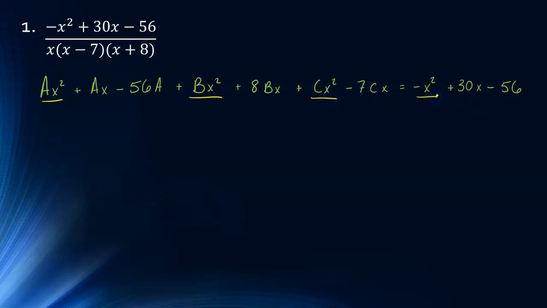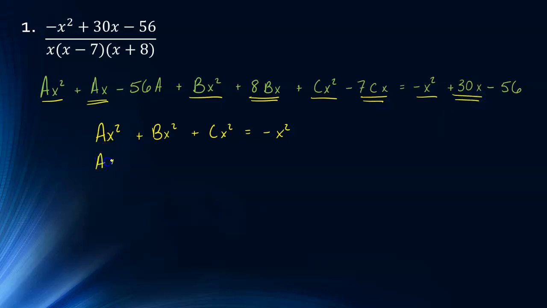So we're going to have ax squared plus bx squared plus cx squared equals negative 1x squared. Then we're going to write down our single variable equation.